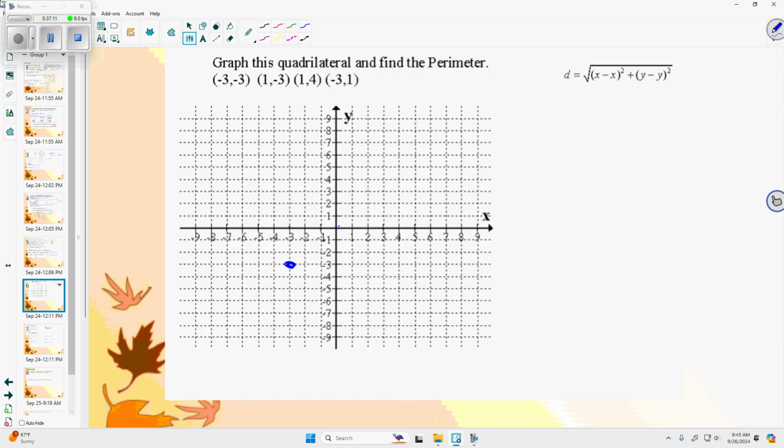Okay, so 1, -3, I go right 1, down 3. Points: right and left first, up and down second. So 1, 4, I go right 1, up 4. Left 3, up 1. And then I trace in my picture.